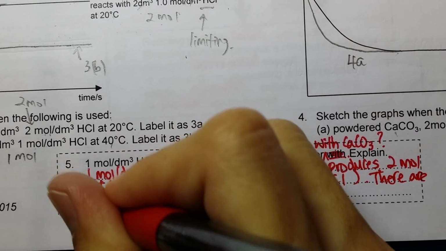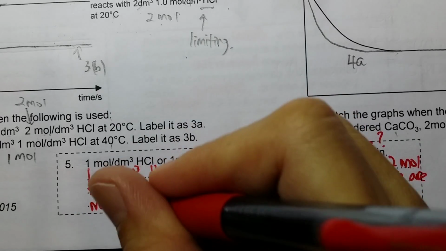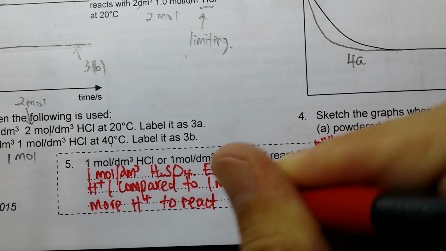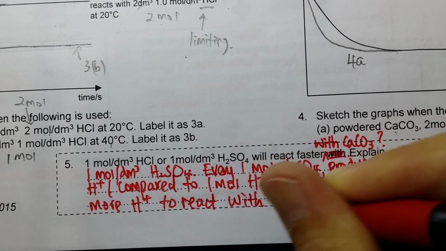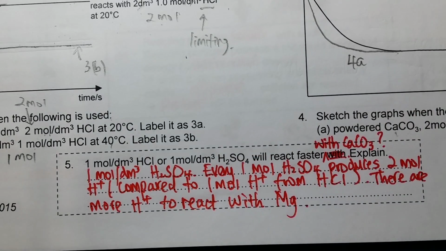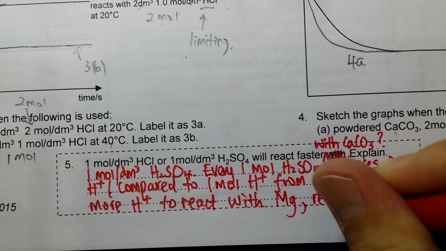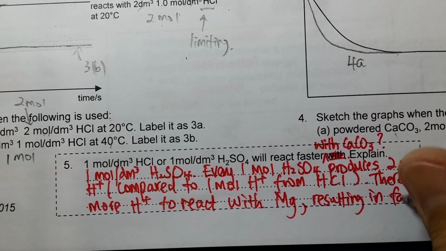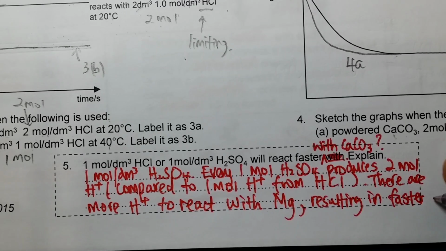There are more H plus to react with Mg, and that resulting in faster speed of reaction.